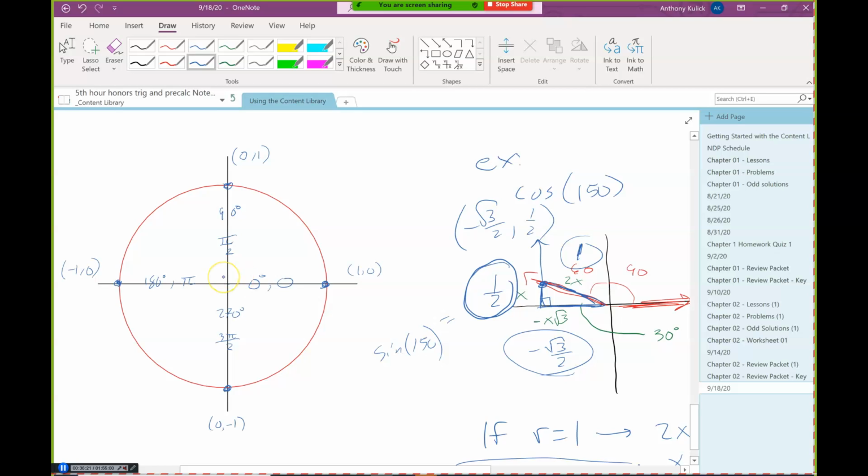I'm going to now label the 30, 45, and 60 degree angles that would be in the first quadrant.